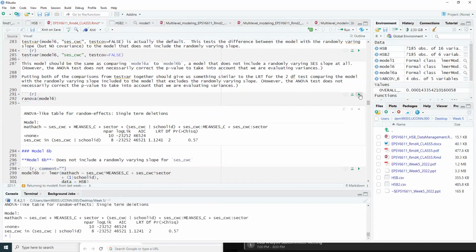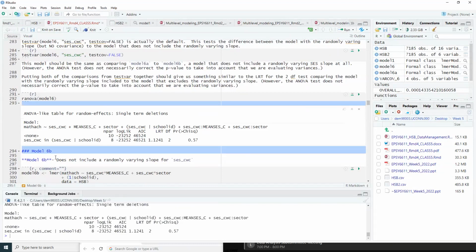What I'm removing is the SES CWC in the random effects part of the equation. And when you remove that, it's like saying you're going to 1 bar school ID. So that's how RANOVA is working. It's always going to tell you what your model is, and then it tells you what it is deleting.